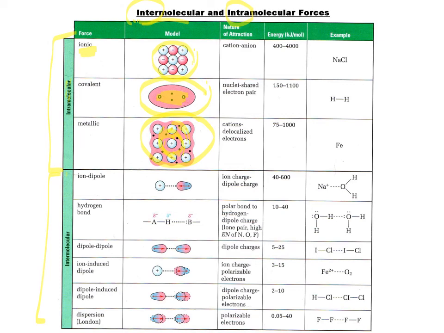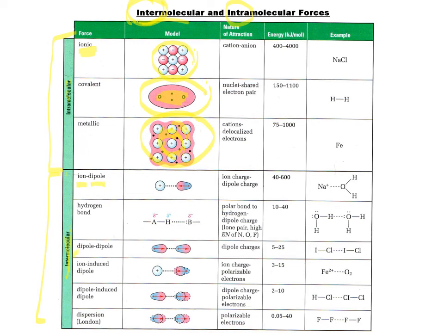Then the intermolecular force is generally when you have two different particles, the force of attraction between those two particles. So imagine any combination of two particles, and if they are attracted to each other, that would be a particular type of intermolecular force. Now just name the particle, and then you can come up with the name of the force itself. If it involves an ion and a dipole, we call it ion-dipole.